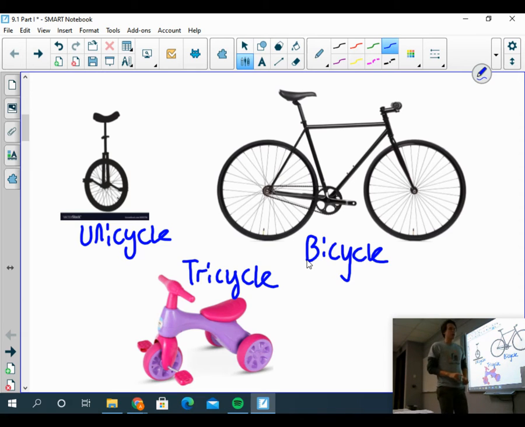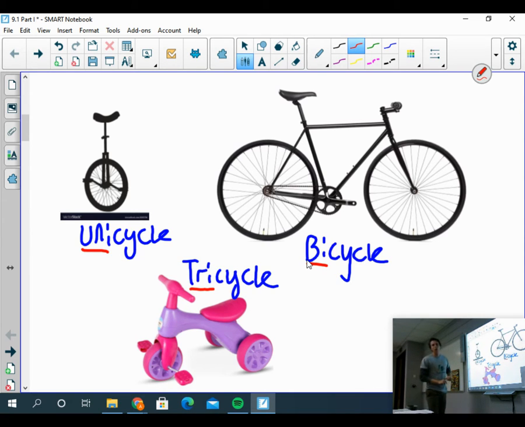All three of these are types of cycles, I guess you could say. But what separates them is the number of wheels they have. I'm guessing you probably could have looked at these and come up with the names. The difference in each is the number of wheels, and the prefix of each goes right along with the number of wheels.